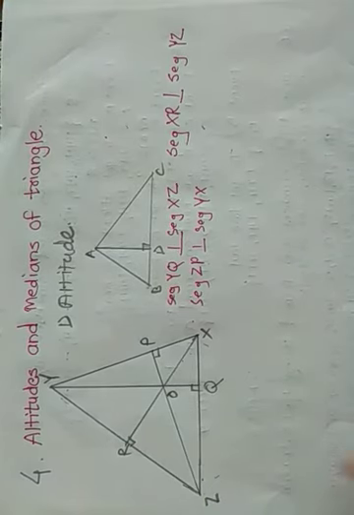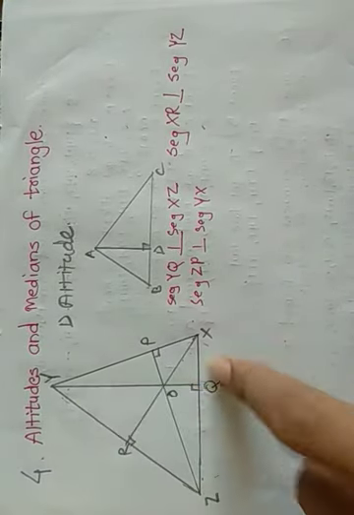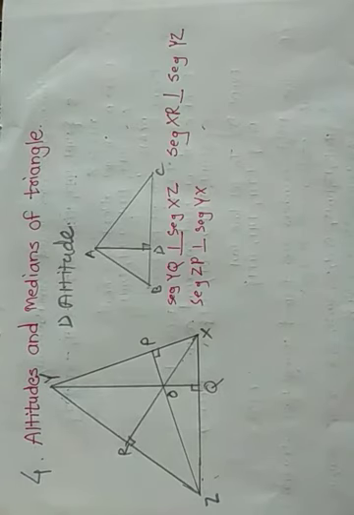So here segments XR, ZP and YQ are the altitudes of triangle XYZ.